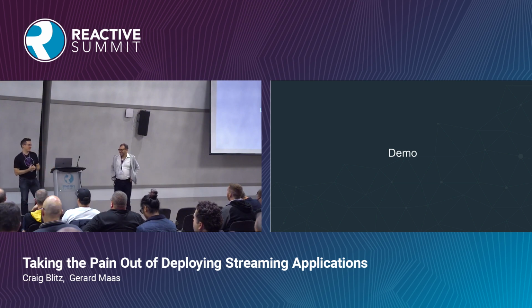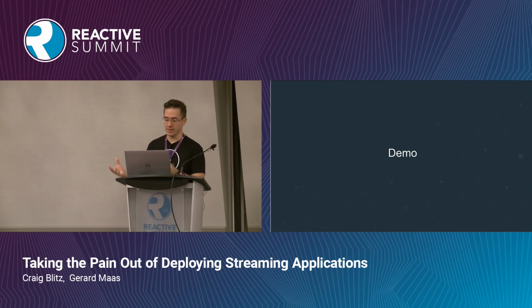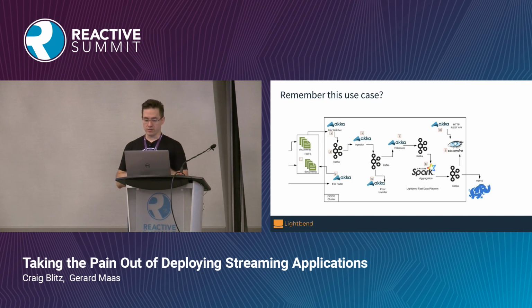Thanks, Craig. That's great setting the scene for the Pipelines project and what we can bring and deliver for you in order to create, build up, and publish fast data applications using pipelines. So Craig introduced this use case from one of our customer interactions, and it's composed, as he mentioned, of many different moving parts.